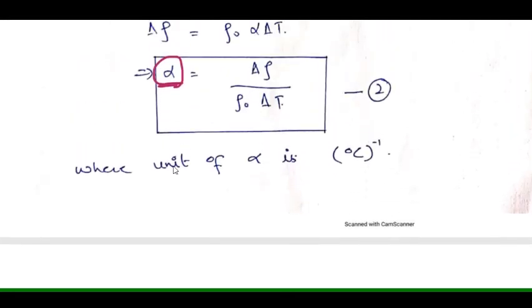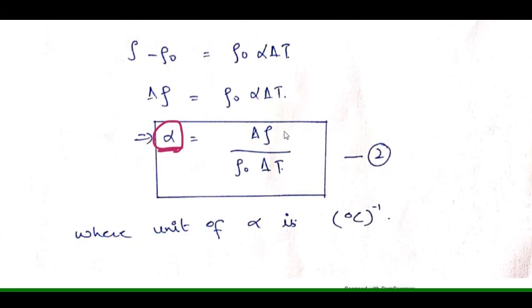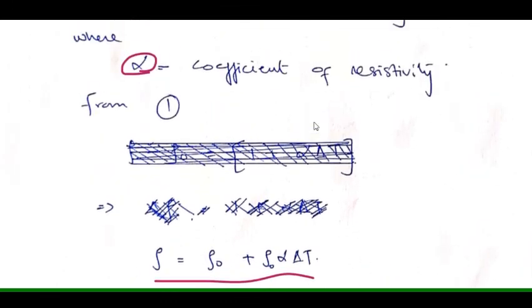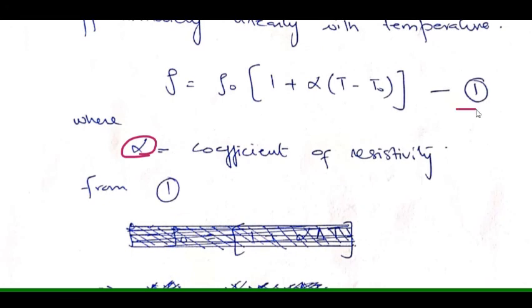Okay, now what I can do is write this equation for R, or if I simply want to write equation number 1 for R, I'll simply write R equals R naught into 1 plus alpha into T minus T naught. So this is the equation for resistance.